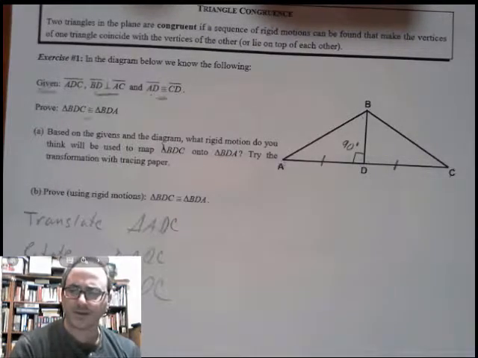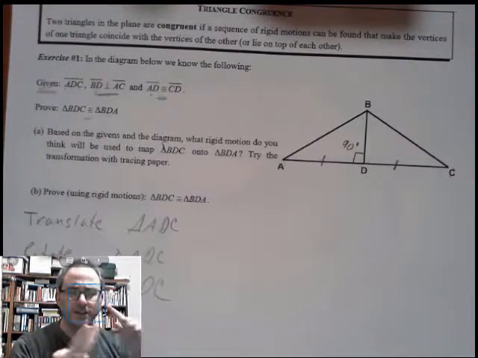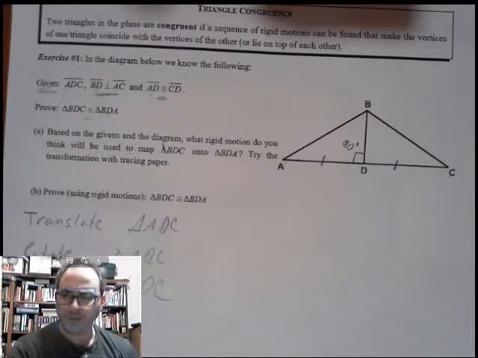That's all we're doing right now: translations, rotations, and reflections are three rigid motions.